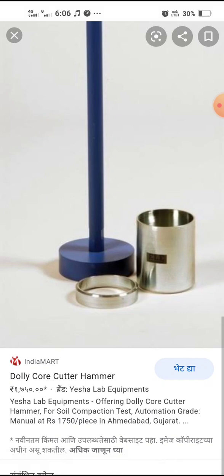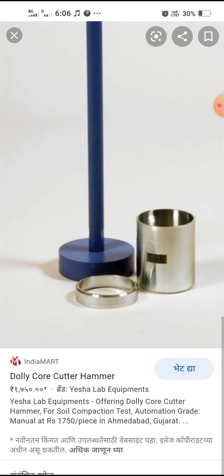What is the theory for determination of the bulk density and dry density, which is measured on the field? And what is the relation between the dry density and bulk density? Once we understand this, the method is very easy.